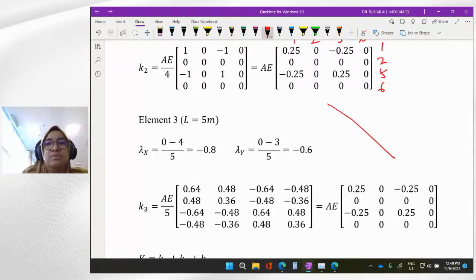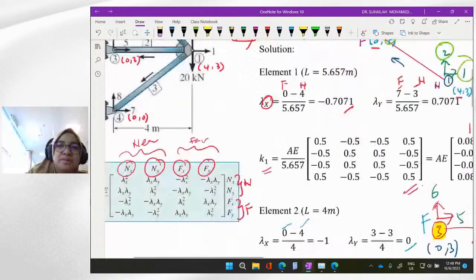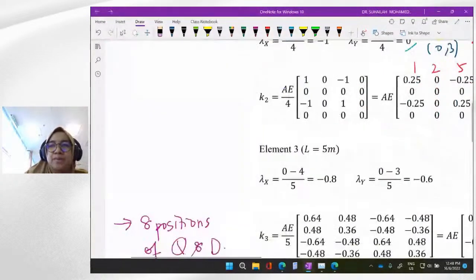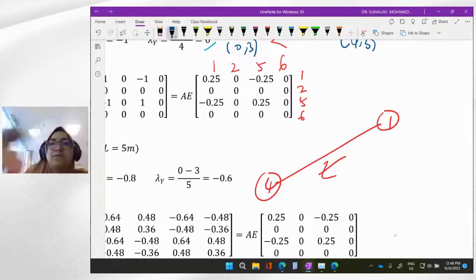Element number 3 is like this. Again, this is node number 1, node number 4, with an arrow. The coordinate here is 4, 3, and this is 0, 0.